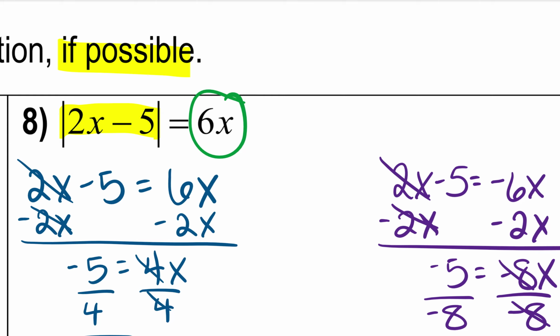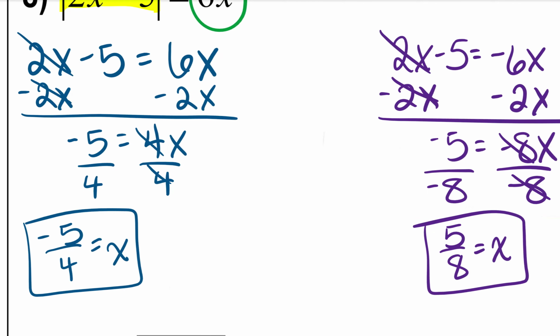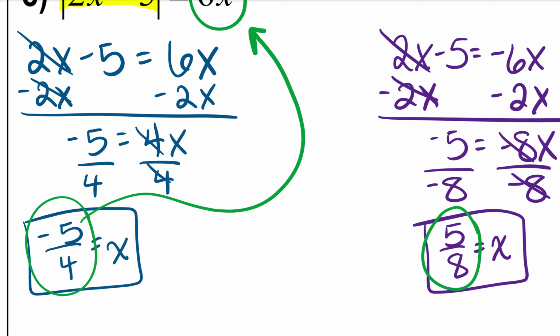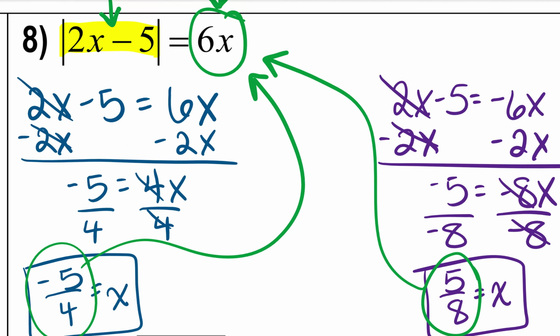So if I have an absolute value on one side and I have an x on the other side, this is the only time you need to do this. I have to check my answers. These two numbers, I have to plug them into x here. Because if either one of those numbers makes this 6x a negative, that answer is no longer valid.